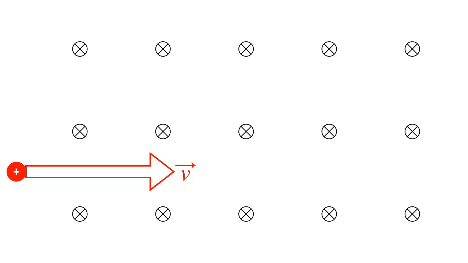Those X's represent the back end of an arrow that's moving away from you, into the screen, into your paper, and they are uniformly distributed in my sketch. Now, the textbook just puts little X's. They don't put a little circle around it, and they make them kind of small. That's all right. I want to make sure these are nice and big.